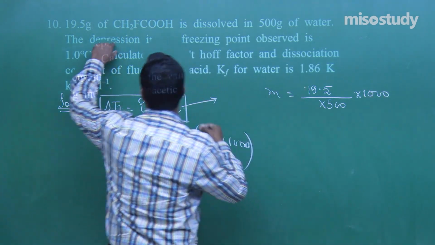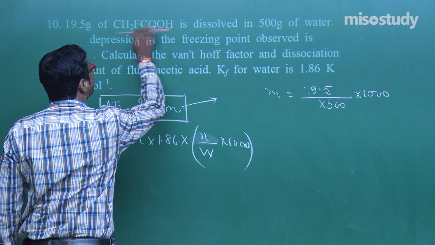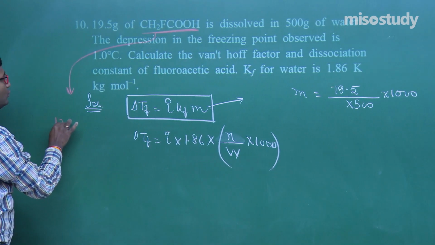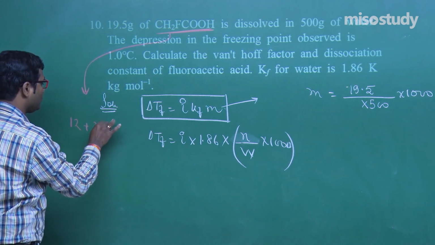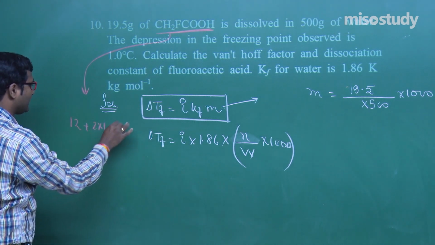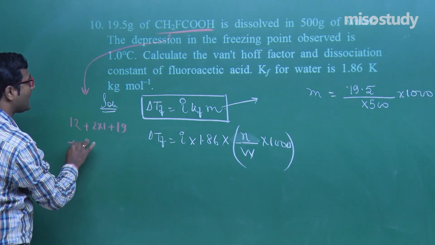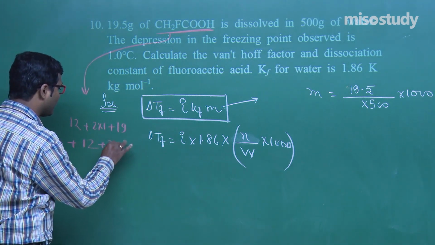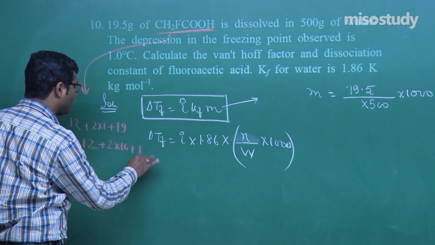Now what we need to find? We need to find out the molar mass. Here the molar mass is very simple. Carbon 12, hydrogen 2 into 1, plus fluorine, that is 19, plus carbon, that is 12, and oxygen 2 times, 2 into 16, and hydrogen 1 time.